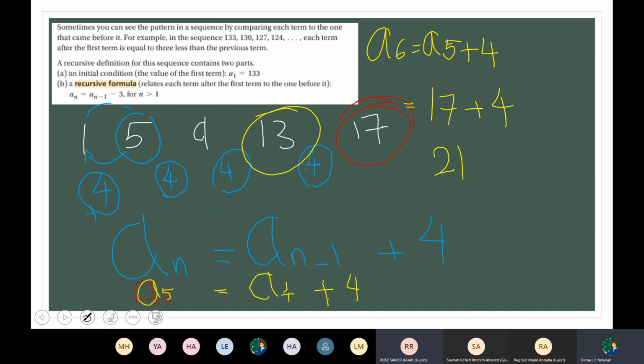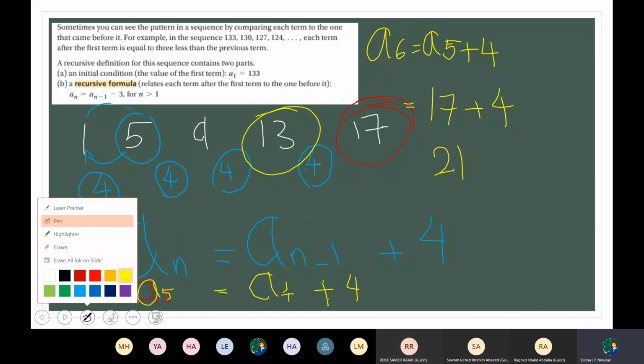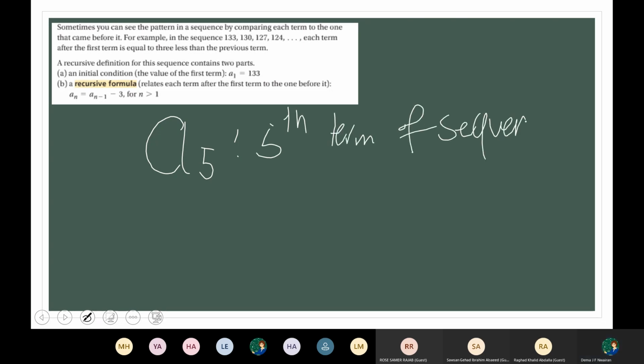I told you in the beginning of the lesson, if you have A sub 5, it means that this is the fifth term of a sequence. A sub 7 is the seventh term of a sequence, and so on.